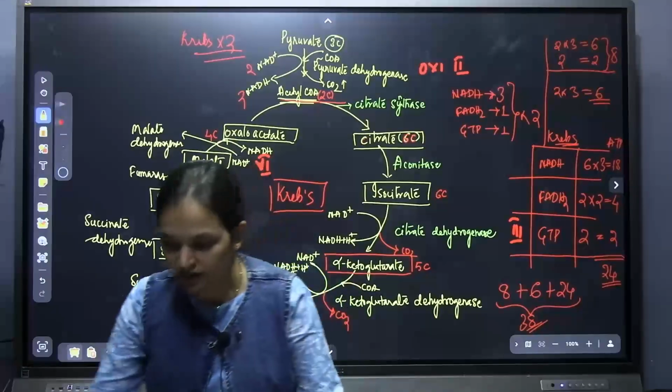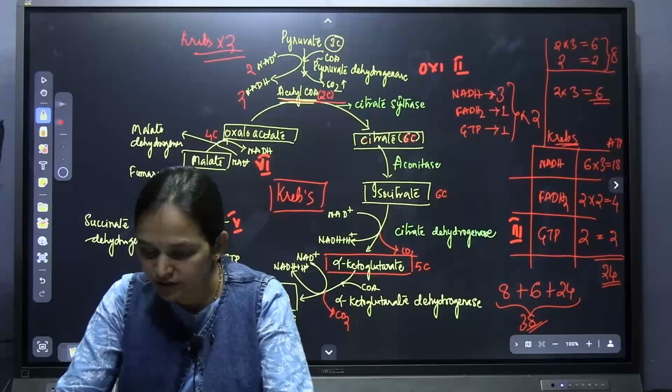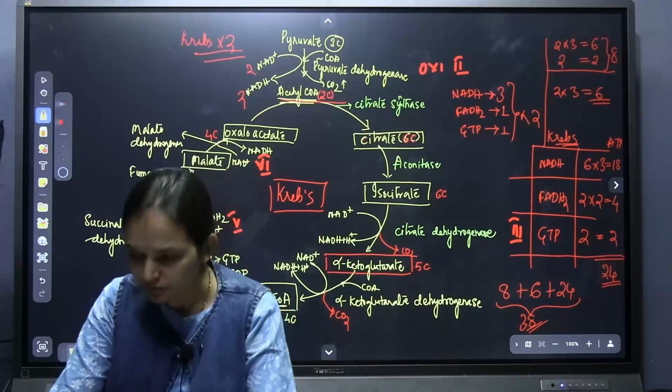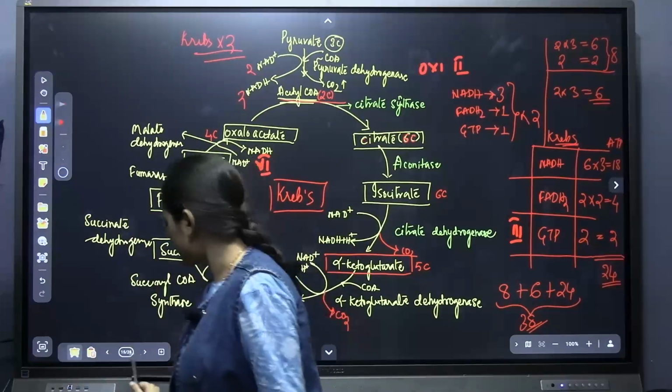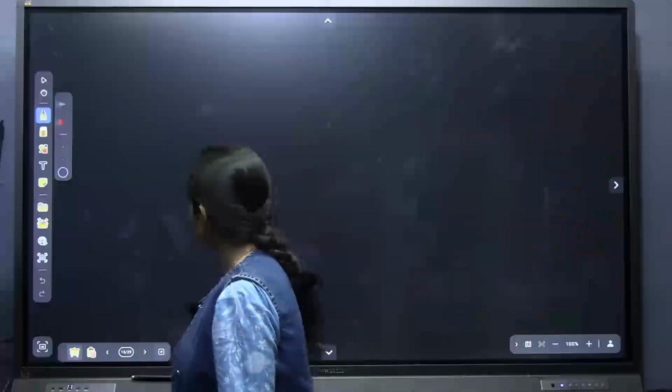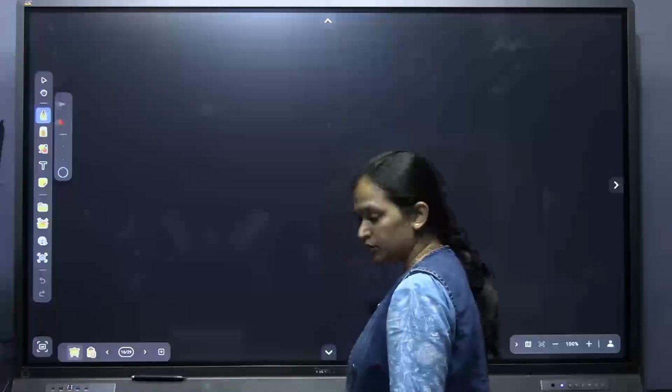Is it understood? I hope you understood the Krebs cycle and the balance sheet. If you want I can do the balance sheet on a new page. Okay, we will do the balance sheet. Wait.